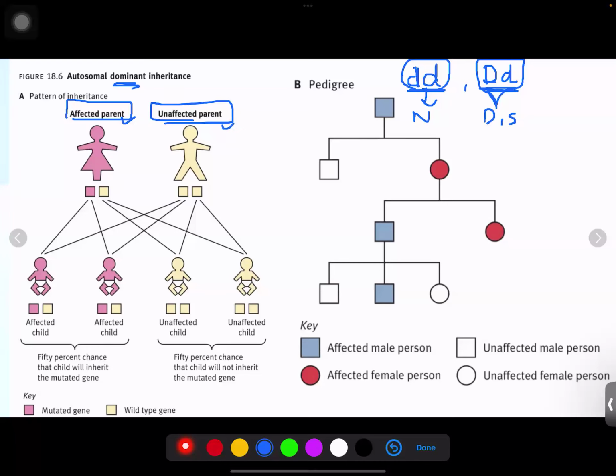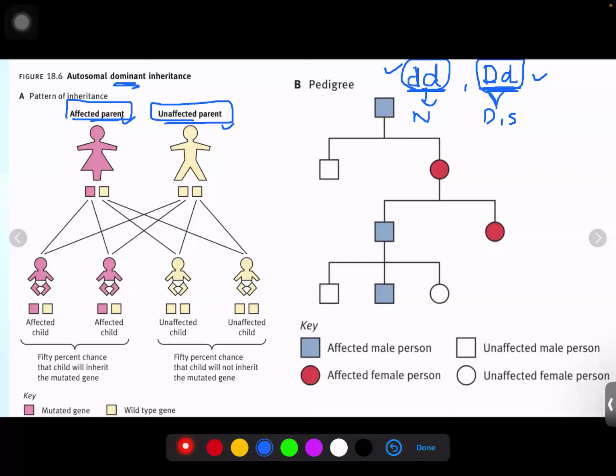This is unaffected, normal, and this is an affected parent. To solve a pedigree, you cannot memorize each and everything. You just take an affected parent. If they give you a scenario where one parent is affected and the other is normal, then how does the disease pass on to the children?